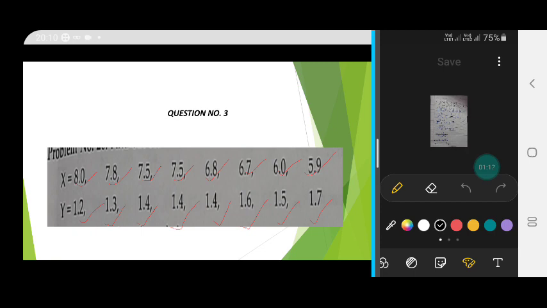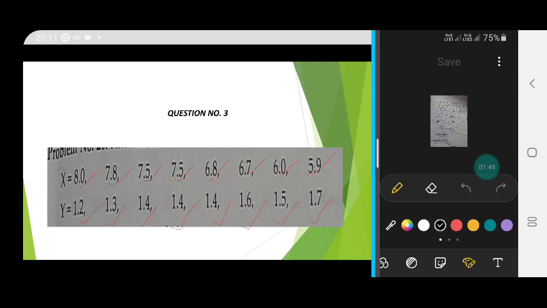Here X series and Y series have been given and no table has been prepared. One more difference in this question is that up to now, in the two questions that we have seen, the items were in simple numbers. There were no decimal numbers in the items of the different series, that is X series and the Y series. But here you can see that we have the items in decimals, like in X series.